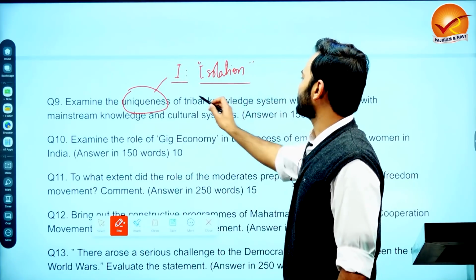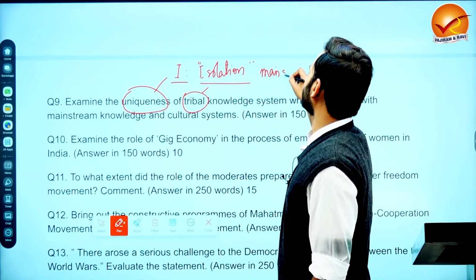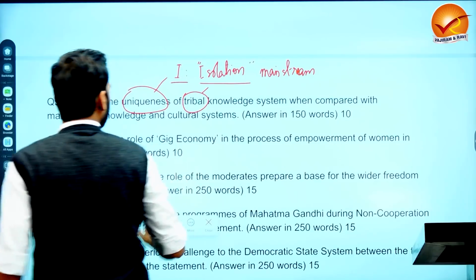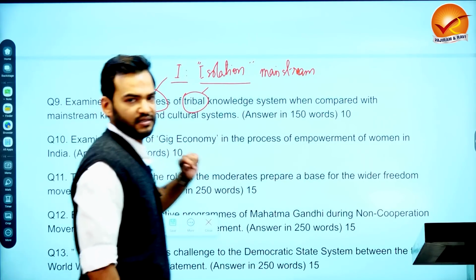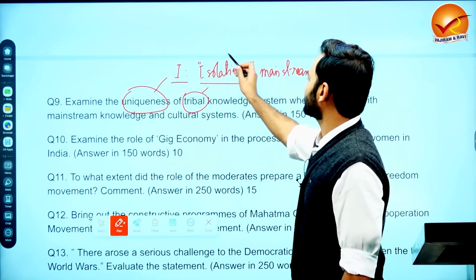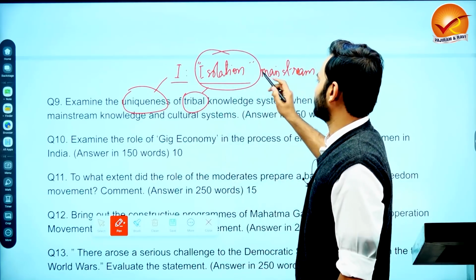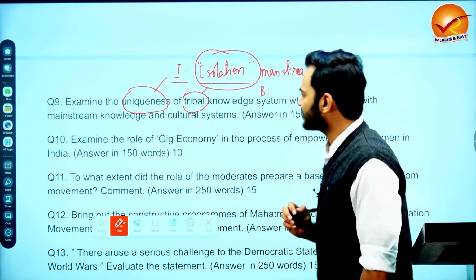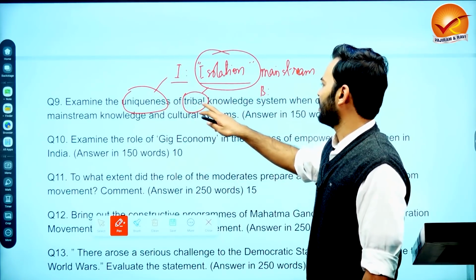So tribes remain isolated from the mainstream society, which gives them a unique knowledge and cultural system distinct from the mainstream knowledge system. So this is your introduction. You have to mention the word isolation, living. So they live isolated.